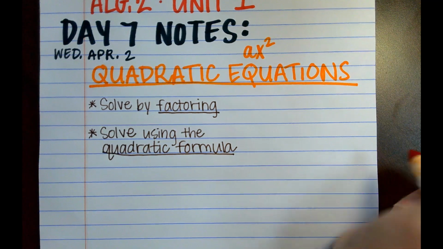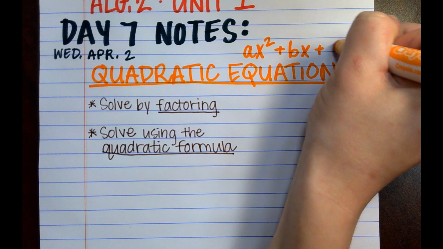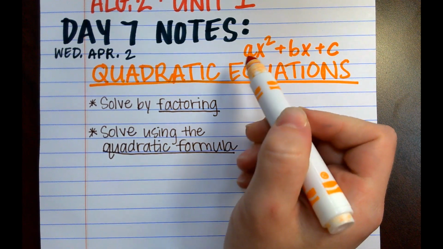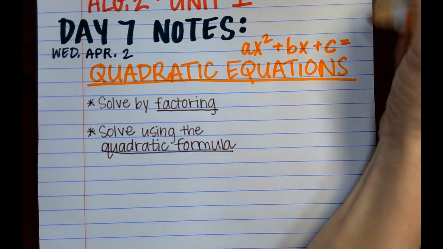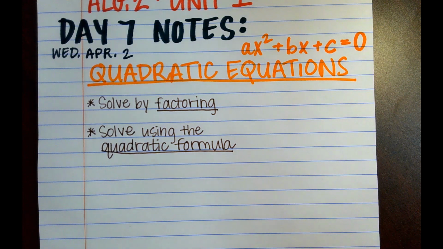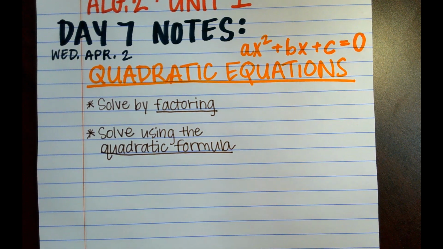So ax squared plus bx plus c. We've seen this a million times. The only thing different is now we have that equal to 0. Yes, perfect. And our goal is always to make it equal to 0. So if it's not equal to 0, we'll talk about what we would do in those scenarios.